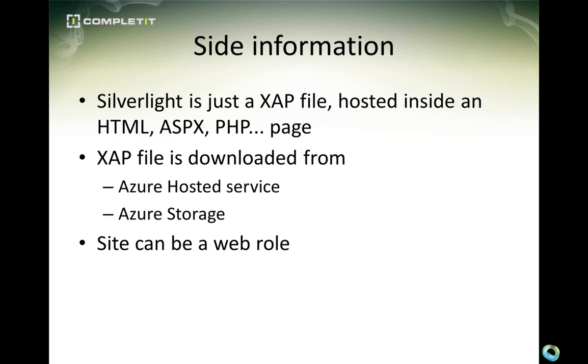The hosted service is like a copy of the entire web application, and if you have a ClientBin with a XAP file there, it's going to be packaged in the Azure package, and you can upload it together with your hosting site. We can also place the XAP file in Azure storage, and I'm going to come back to that later on.